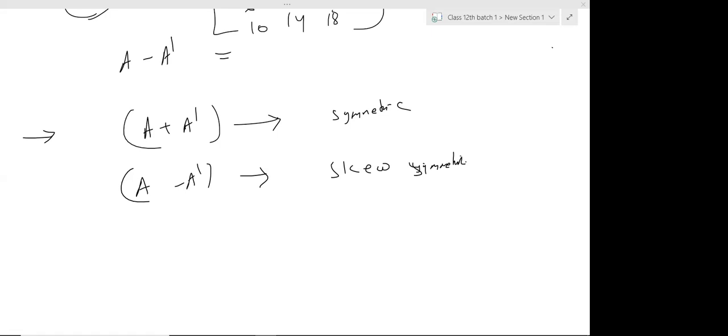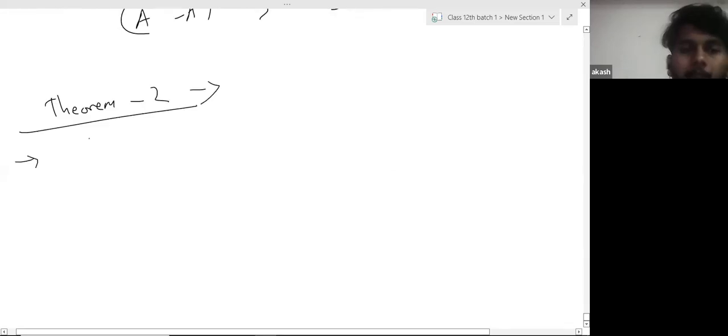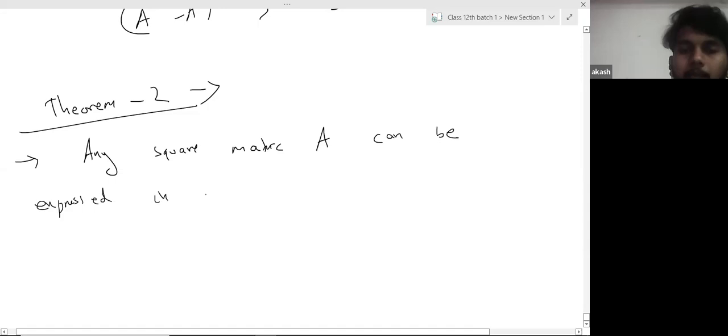All right. Theorem 2 is this. You will be getting a long question. Any square matrix A can be expressed in the form of a symmetric and a skew symmetric matrix.